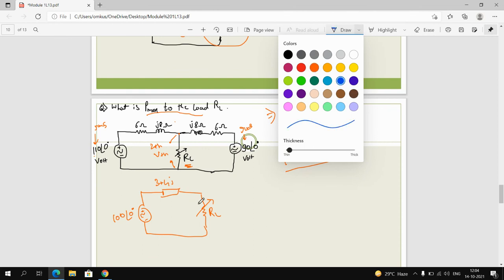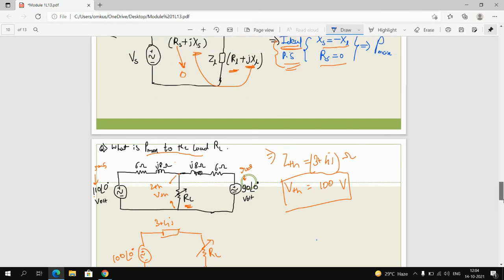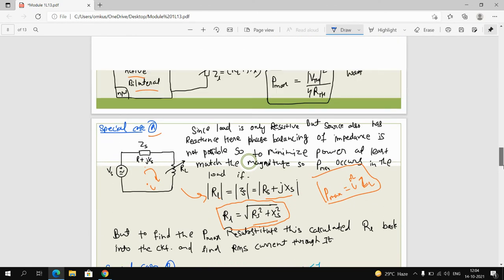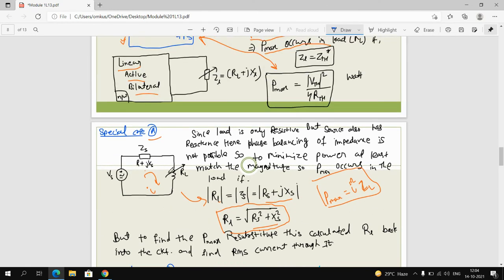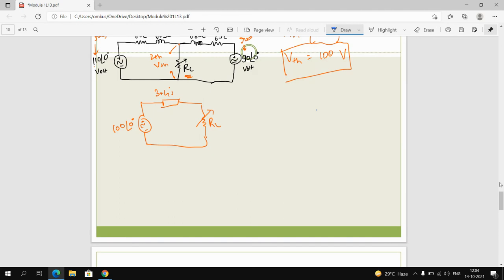Okay, now tell me, which type of special case is this? I think this is special case 1, right? Special case of A. So use that concept. How to calculate this RL? This RL is nothing but the mod of this ZTH. What is the value of ZTH?